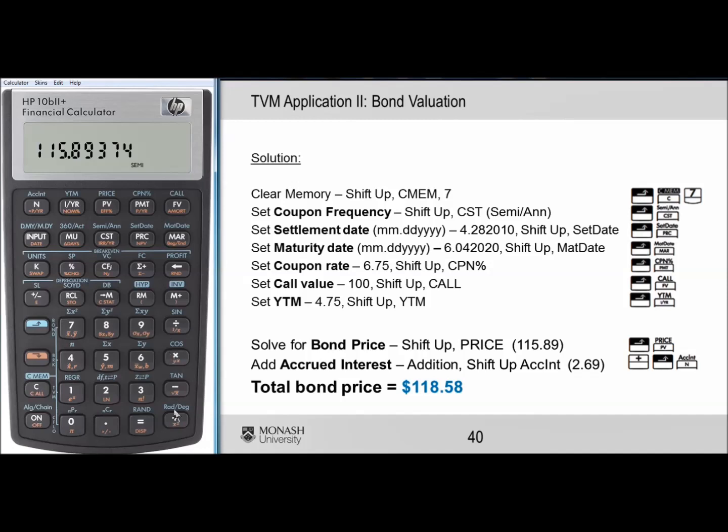So shift up accrued interest. And the screen now shows the accrued interest of 2.69, equal to the total bond price of $118.55. Sorry, 58 cents.